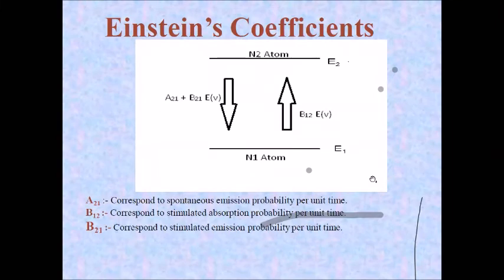Now if we want to find out how much stimulated absorption will happen, then the absorption will obviously depend on two parameters. One, how many atoms are in the ground state, and another, what is the energy density of the incident photon.